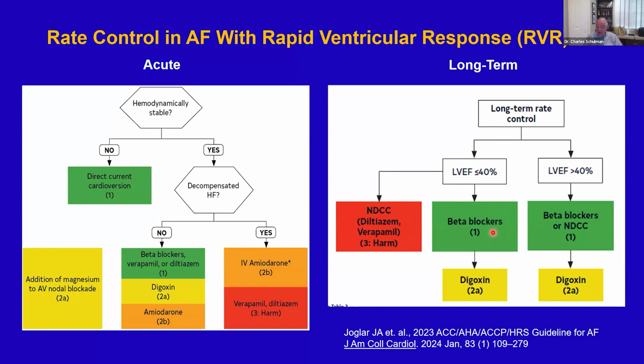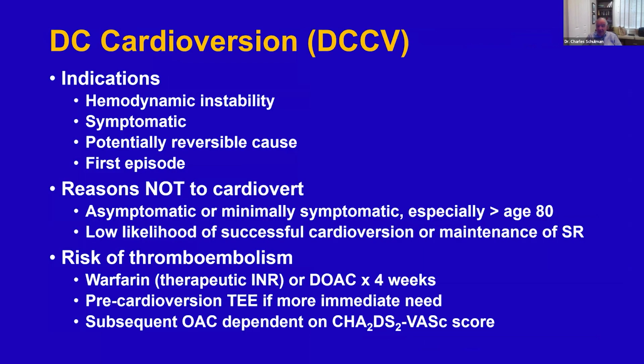So beta blockers are the rate slowing drugs that you should use. Digoxin is a distant second. If the left ventricular ejection fraction is greater than 40, however, either beta blockers or calcium channel blockers can be used, with digoxin a distant third.